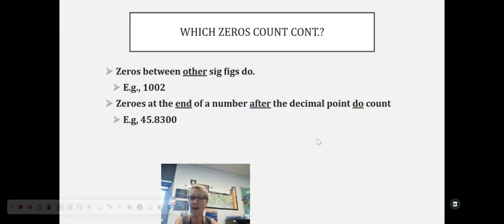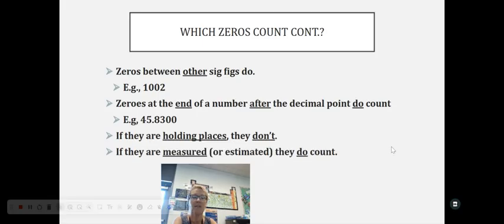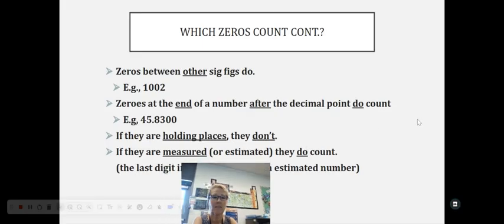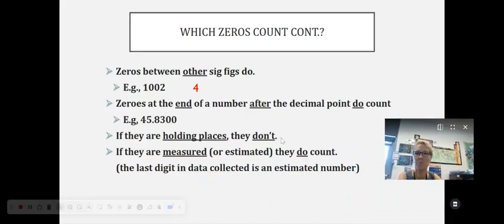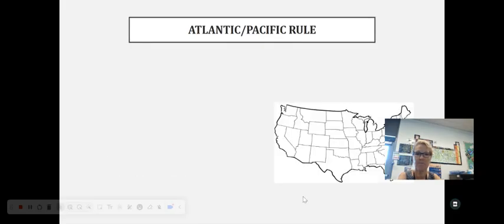These are called final zeros. Not placeholders, but final zeros and in-between zeros do count. With that, the first number here has 4 significant figures, and the second number here has 6 significant figures. Keep in mind the last digit in data collected is always an estimate.